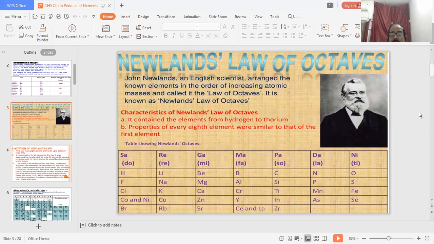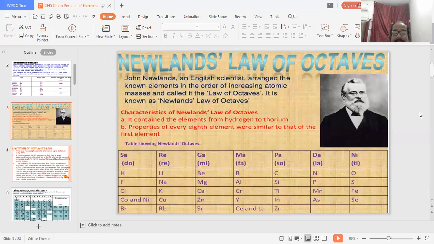It is just like music: sa re ga ma pa dha ni sa. Sa is repeated after seven notes: first sa, then re, ga, ma, pa, dha, ni, and again sa.